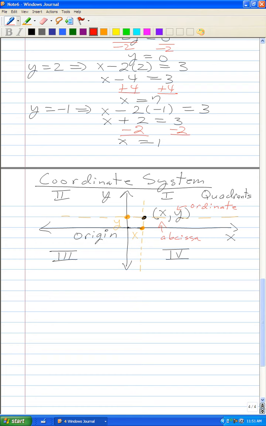Now, it turns out that actually we have sort of gotten rid of the terms abscissa and ordinate, and rather than abscissa and ordinate, we'll actually call this the x coordinate and the y coordinate.